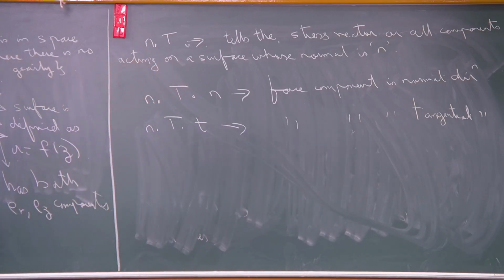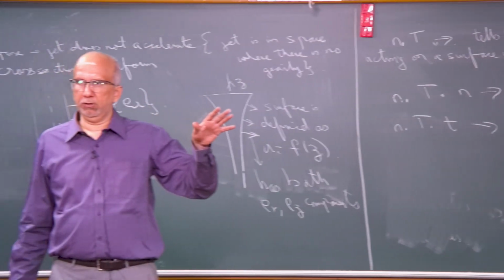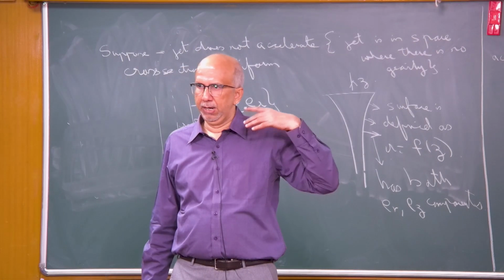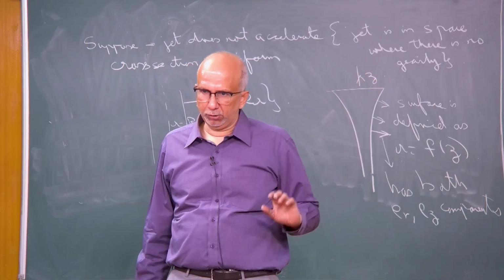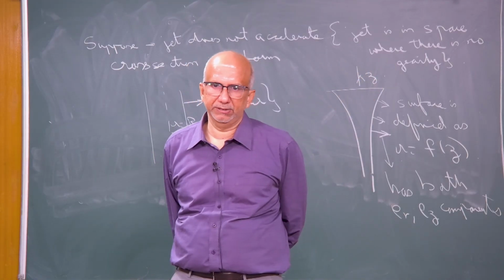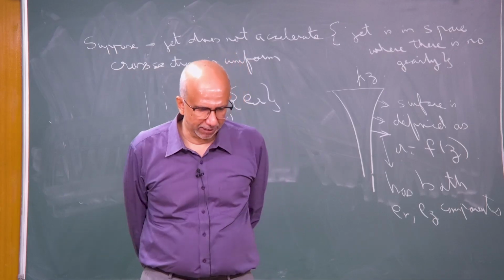So, n dot t is the force acting on a surface whose normal is n. I dot again with n, I get the normal stress component; dotted with t gives me the component in the tangential direction. So, that is basically what I need to do.